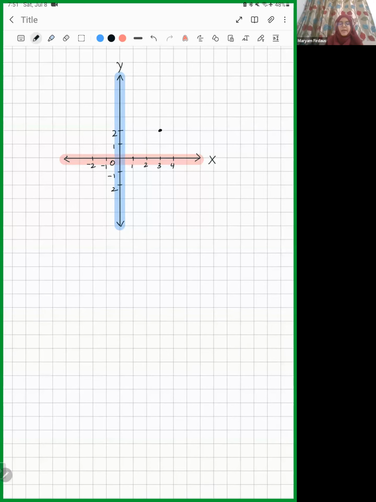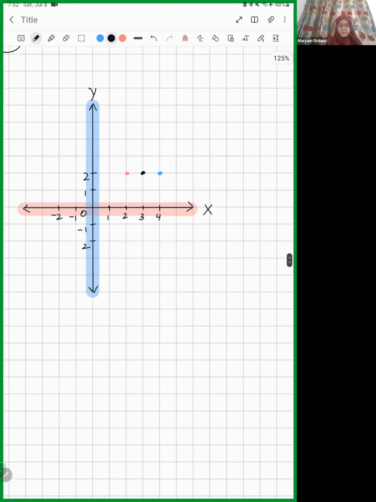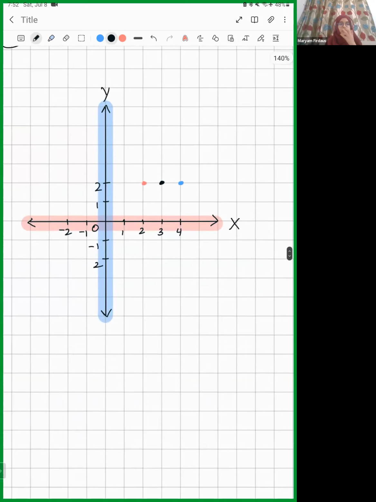If I want to tell you, let's say there are many dots over here. Let's say I want to tell you that I am talking about the black dot. How will I tell you if I can't refer to anything else?